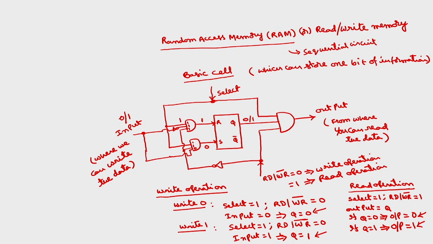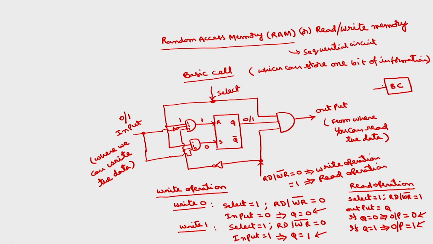Now what are the various signals available for the basic cell? This is a basic cell which we can use to construct larger memories. Now I will take the block diagram of this. Instead of drawing this circuit every time, I will call this one the basic cell, BC. So what are the different signals here?